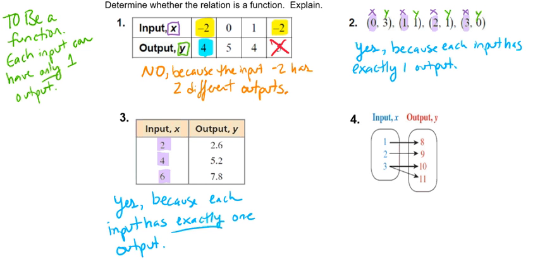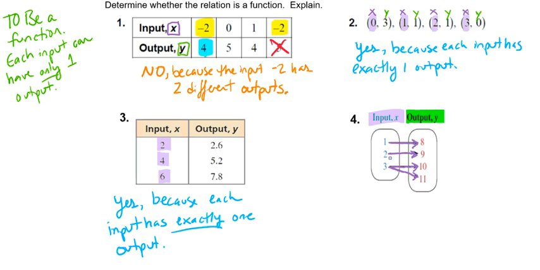If we look at our fourth example, we have a type of a table, kind of. It's more of a display, but we know what our inputs are, and we know what our outputs are. So if we look at our inputs, we have that 1 goes to 8, and that's fine, and that 2 goes to 9, and that's fine. But we also have that 3 goes to 10 and 11.